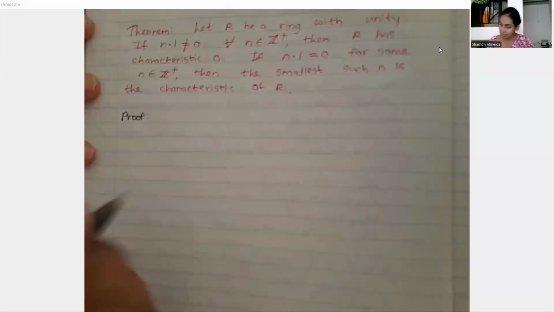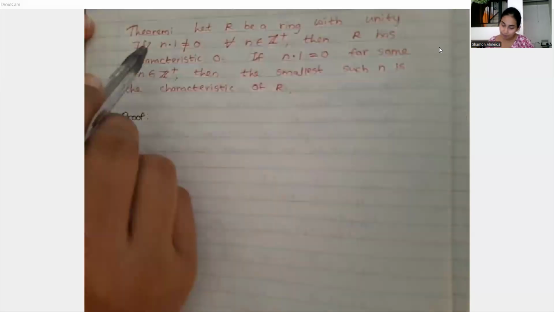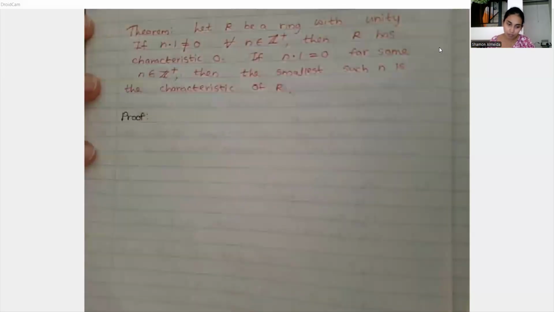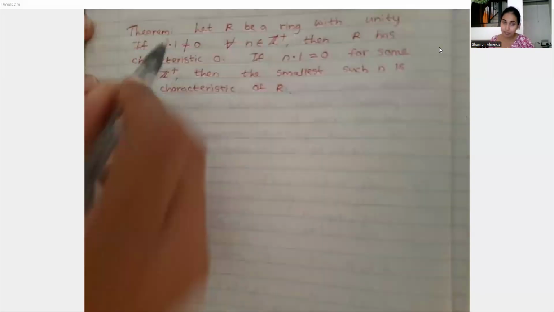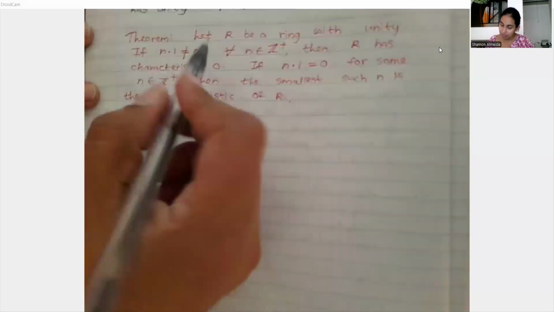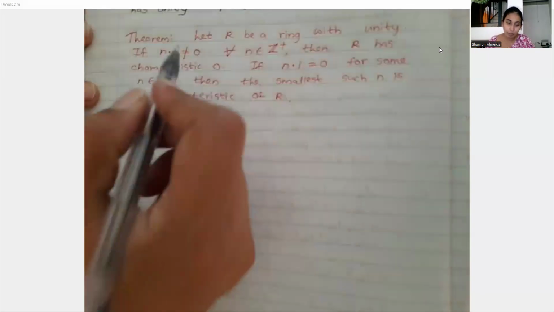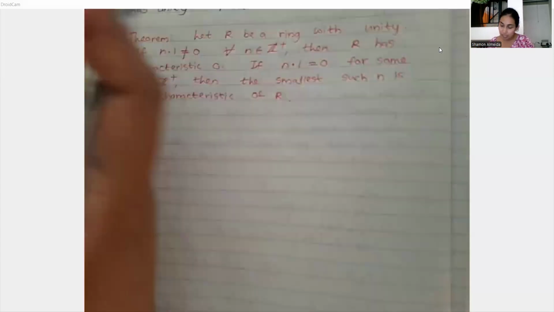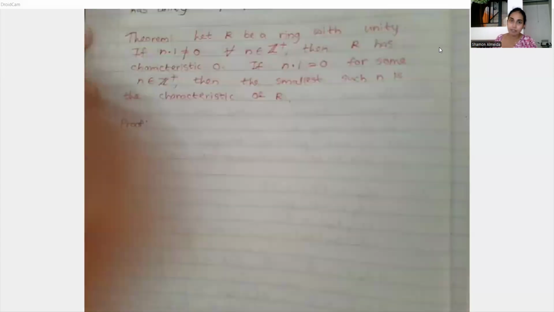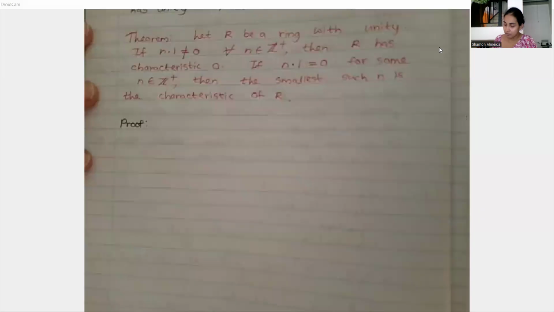Now let's suppose n times 1 is non-zero. That means there is at least one element, which is simply 1, where n times 1 is not equal to 0. By definition, the characteristic has to be 0. So this first half is somewhat evident from the definition.